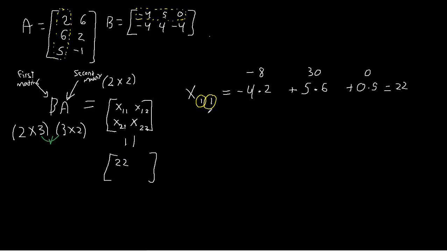Okay. So now let's go with the upper right here, this x12. All right, so what is this saying? This is saying take the first row of our first matrix. So again, that's going to be this one here.